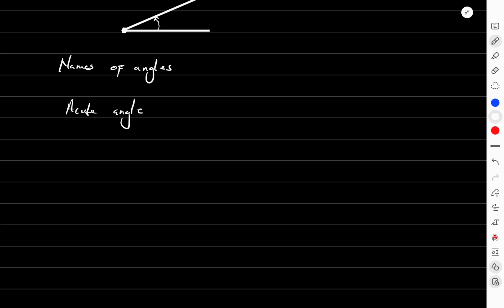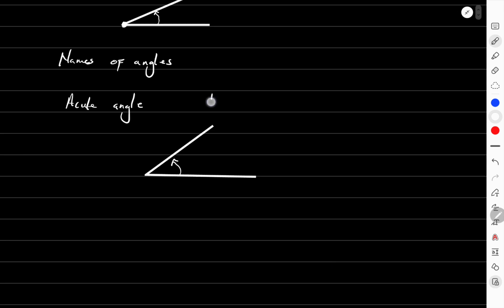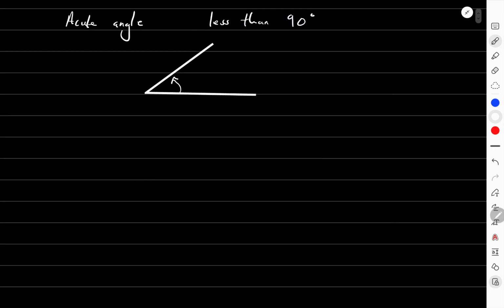So if I draw such an angle, an acute angle is going to be of this caliber. It is less than 90 degrees, but greater than 0 degrees.